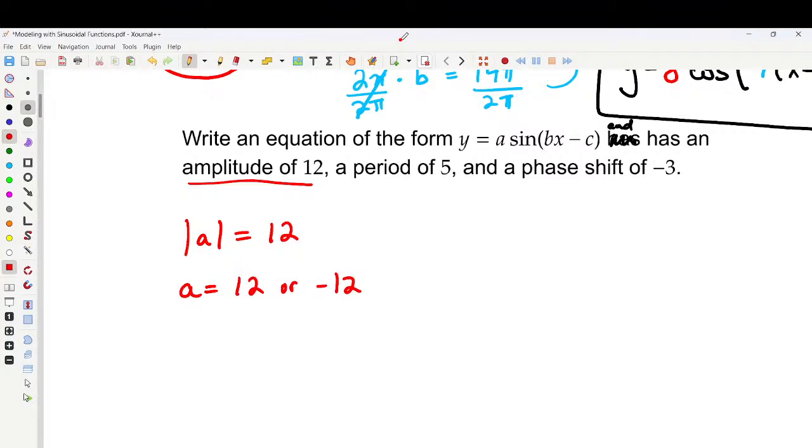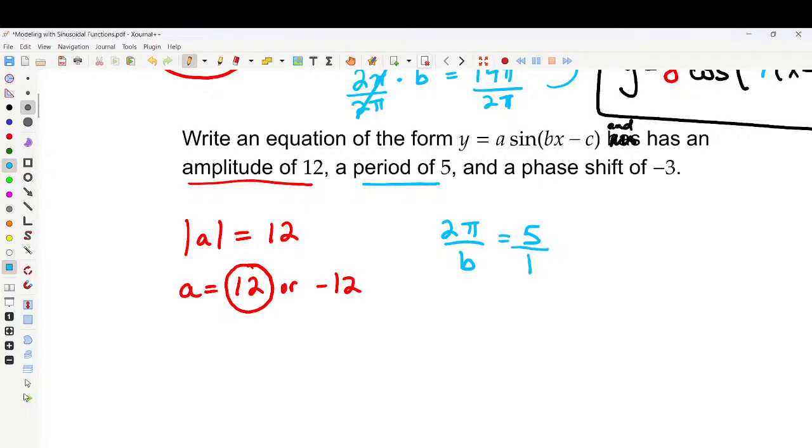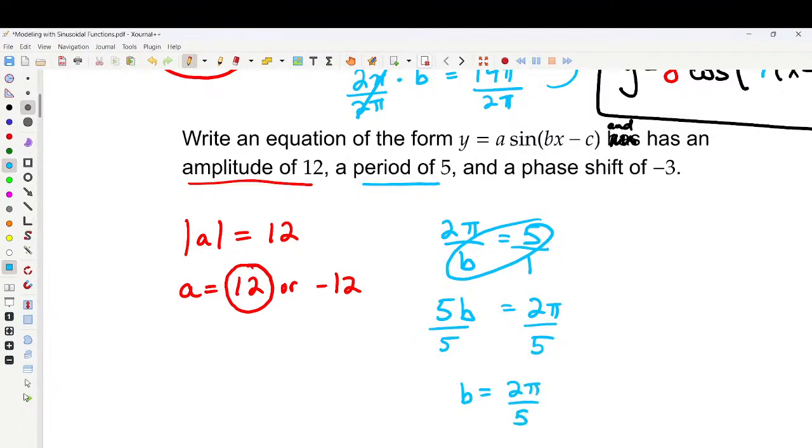Reading through this again, there's really no restriction, so I guess I got a choice. I'll go with 12. Period of 5, 2 pi over b has to equal 5. I'll put this over 1, cross multiply, divide by 5, and b will be 2 pi over 5.